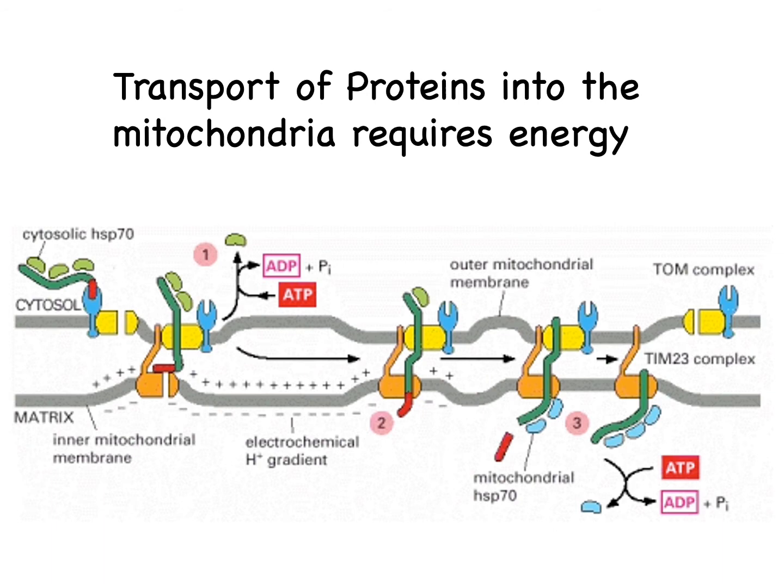So transport into the mitochondria requires energy, so it takes ATP to push the protein through the membrane. There's also a series of proteins that stabilize the nascent polypeptide chain in the cytoplasm. These are called HSP70 for heat shock protein 70.